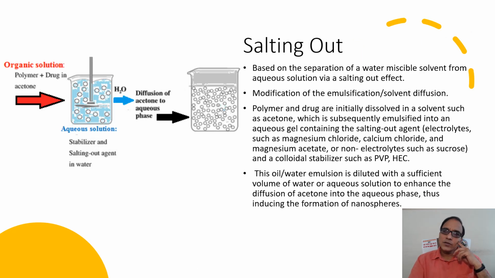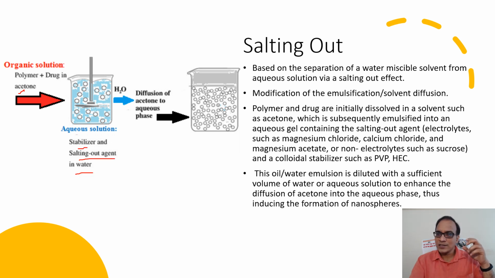Now if you go to the salting out effect, it is a very easy method. It is based on the separation of a water miscible solvent from aqueous solution via the salting out effect. The organic solution has polymer, drug and acetone, and in the aqueous solution, we add stabilizer and salting out agent in water.